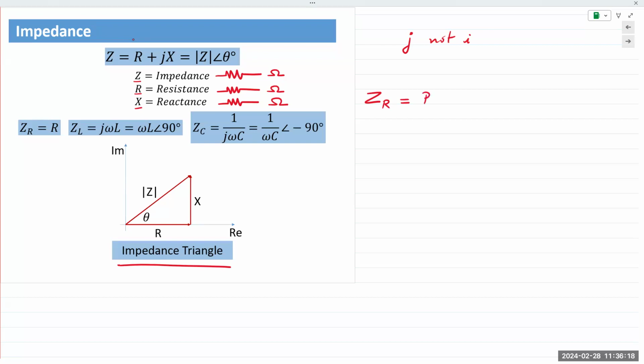So it would be R plus J0, which would simply be R itself. Hence, there is no such thing as the impedance of a resistor. It is simply the resistor itself, and hence the resistor behaves exactly the same way for AC as it does for DC. Okay. So again, there's no such thing as ZR. I use ZR for explanation purposes. It's simply the resistor R.